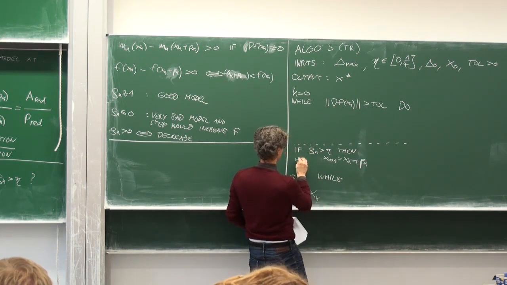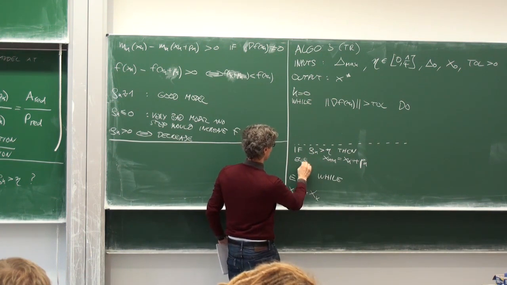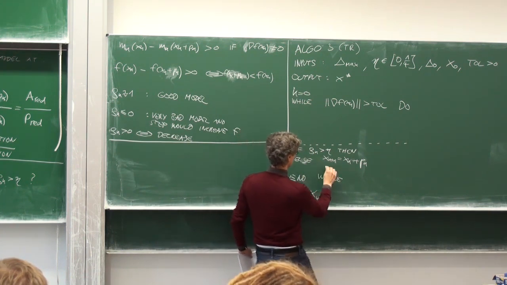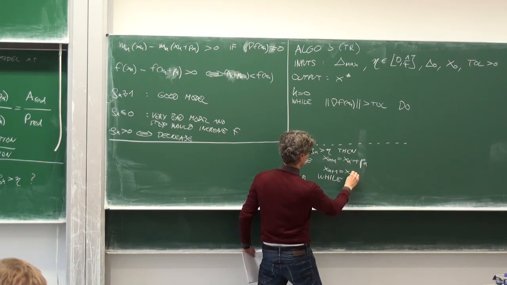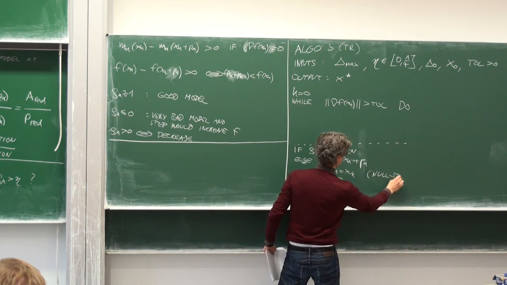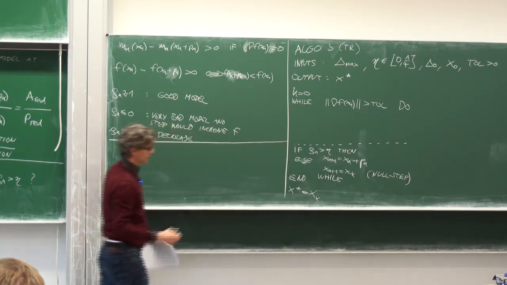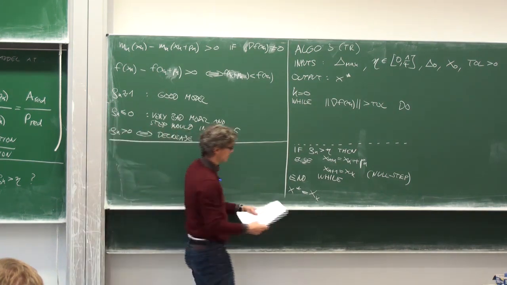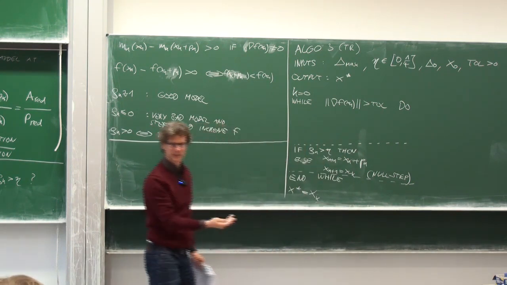And else, you do no step. This is what we called a null step. So this is already the most important part of our algorithm. We decide if we accept or if we don't accept a step.